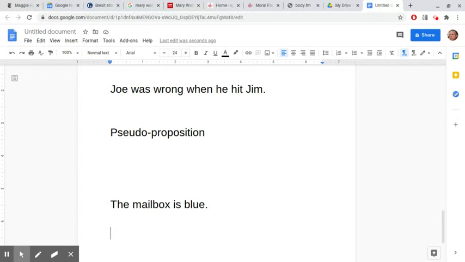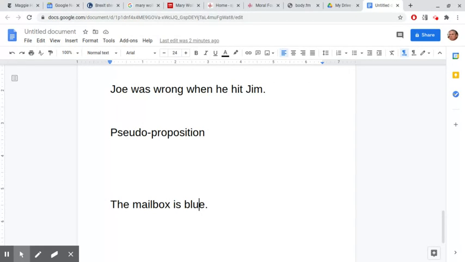So one of the things I think that Ayer is trying to get across is that we have to stop thinking that propositions like this are the same as propositions like this. That propositions like Joe was wrong when he hit Jim are just like propositions like the mailbox is blue. They have the same grammatical form, but they are entirely different. So then I suppose that's pretty close to what Wittgenstein was getting at.